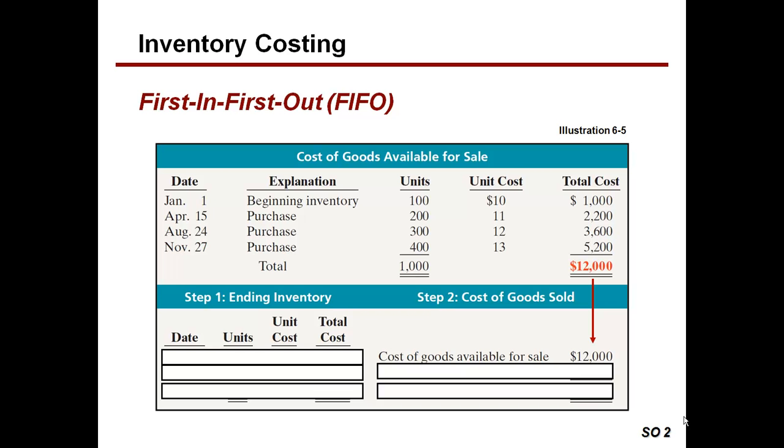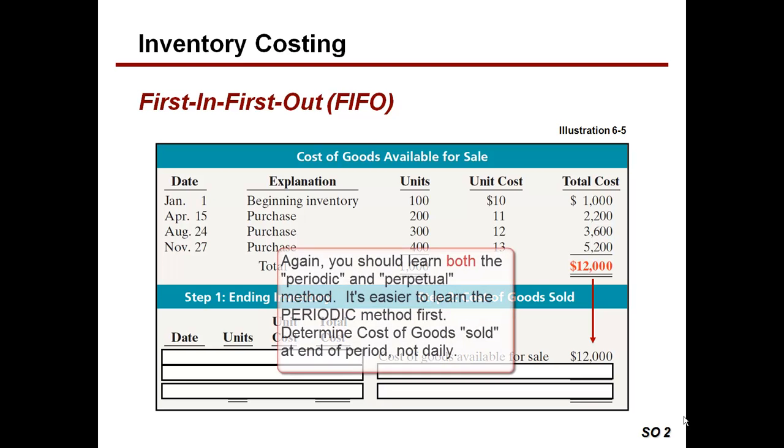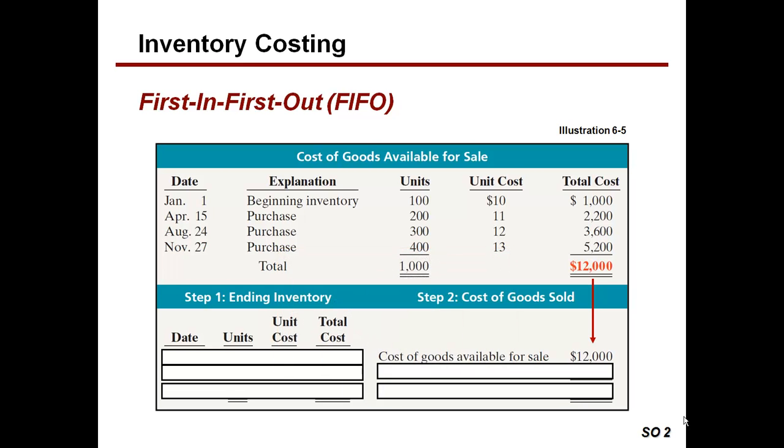Only when we get to the end of these slides in the appendix will we do the perpetual. But in terms of teachability, your textbook likes to show you the periodic method because it's easier to see the cost flow assumptions. When we move to the perpetual method, you require more detailed calculations on a sequential basis.